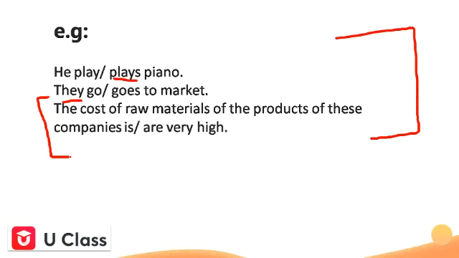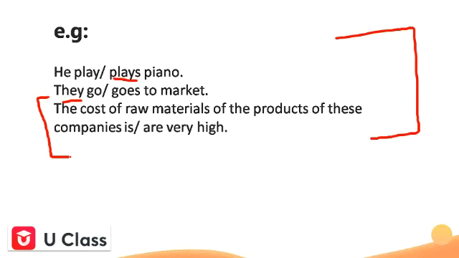What is the subject in this sentence? Yes, very good. The subject in the sentence is cost. How will you identify? You simply have to ask what is being talked about.